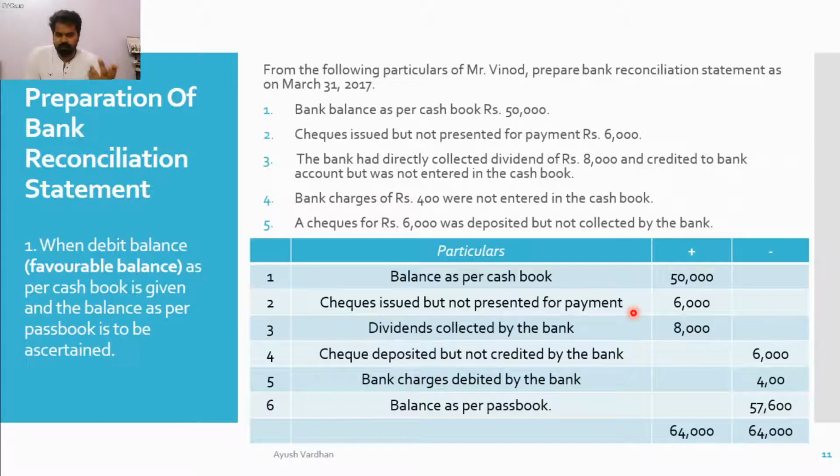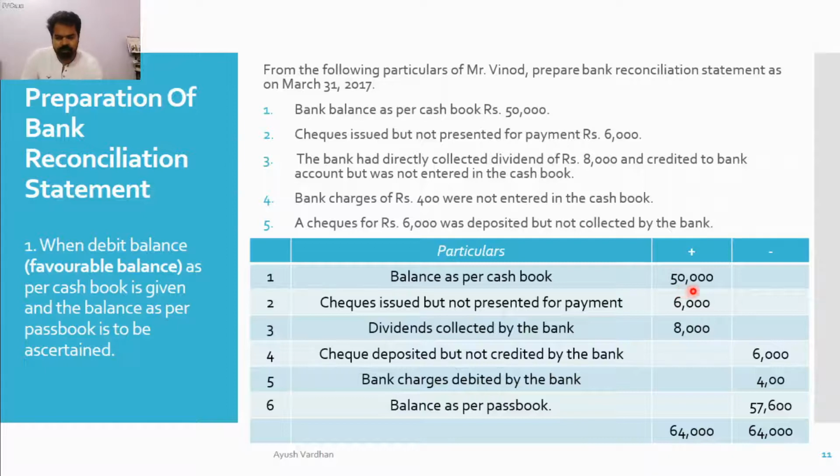So Mr. Vinod has issued the check, but Mr. Ram is busy in his own business, so he has decided that he will go to the bank after a few days. Then what happens is, the moment Mr. Vinod has made a 6,000 rupees payment by check to Mr. Ram, at the same time he made an entry of 6,000 rupees in his cash book.